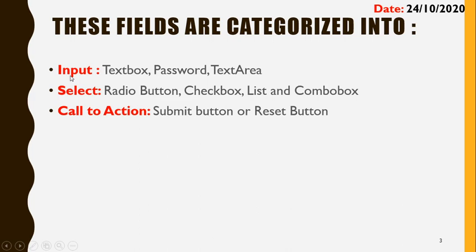Input means asking for information from the user. The user has to enter information inside the text box, password or text area. The next are radio button, checkbox, list and combo box, and these are used to select information from the user. You have to select the information that is given there.